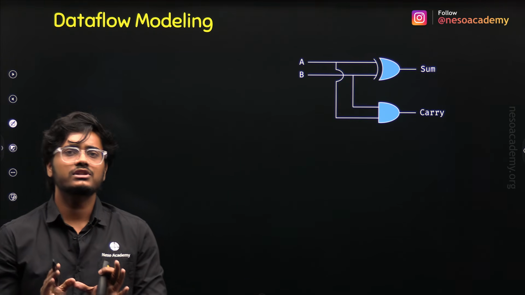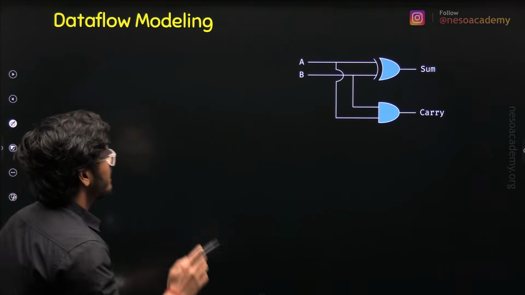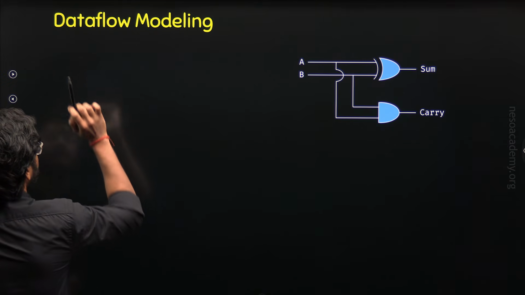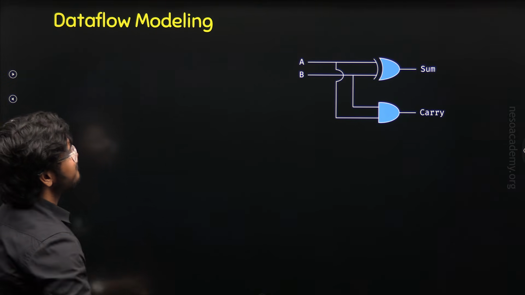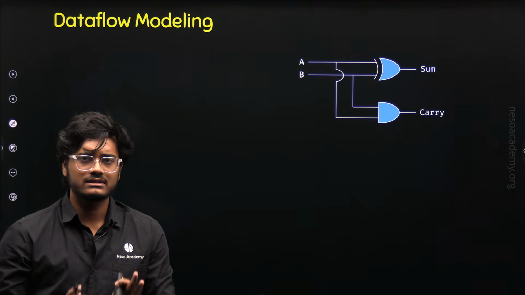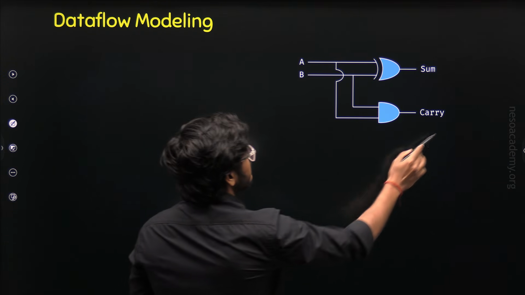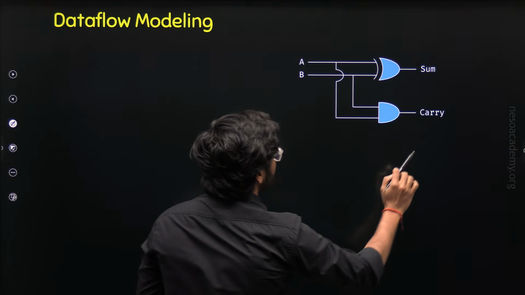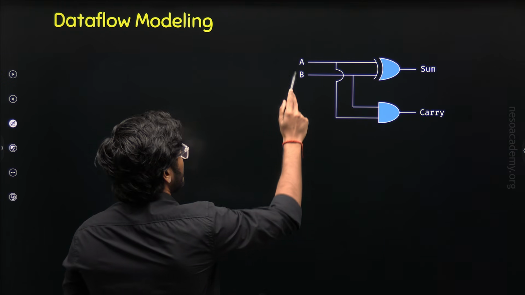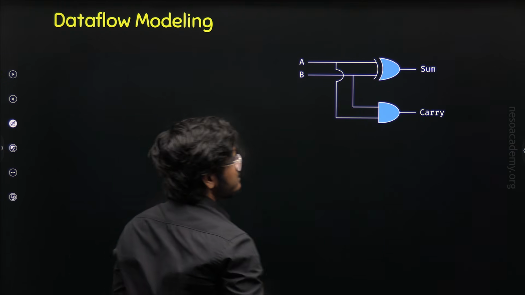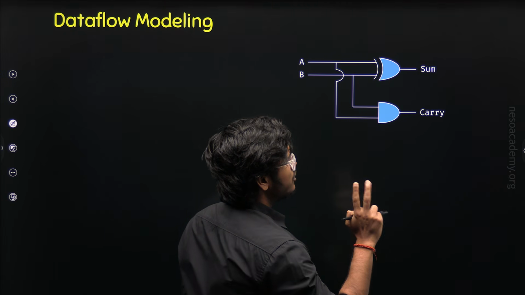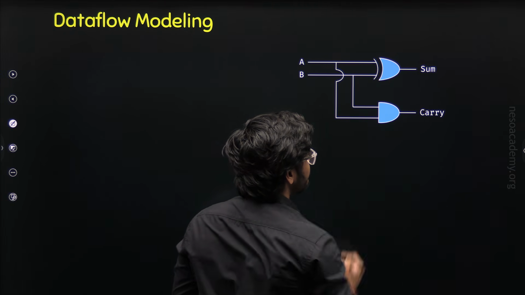Now, the question comes, what is a data flow in data flow modeling? To understand this, focus on the circuit diagram of the half adder. Here we have two inputs, A and B, and this half adder is generating two outputs, sum and carry.